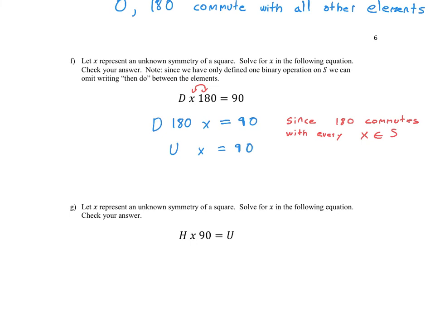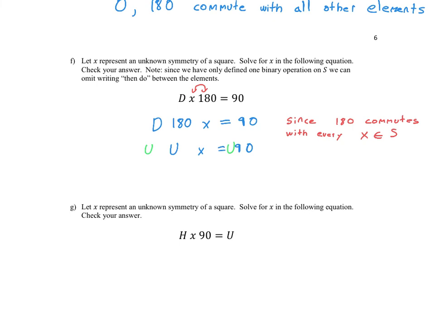And then finally, we can apply the inverse to both sides of this equation to solve for x. So the inverse of u is u itself. So u gets applied to both sides of the equation. And what happens when we apply u to both sides of the equation?